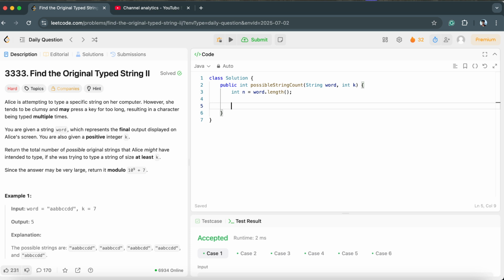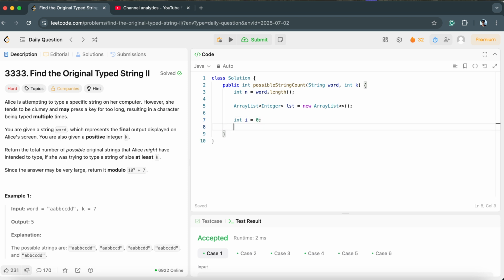Next thing, let's get all the count frequencies. So we can create an ArrayList here: list equals new ArrayList. In this list, let's get the count. So let me create a count pointer here, i equals 0, pointing till n. And inside here, let's create j equals i plus 1.